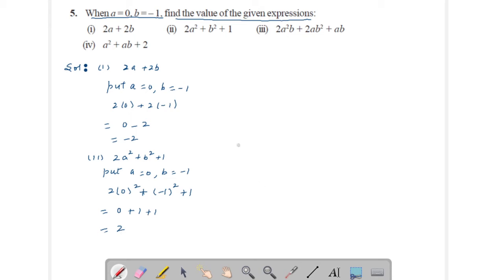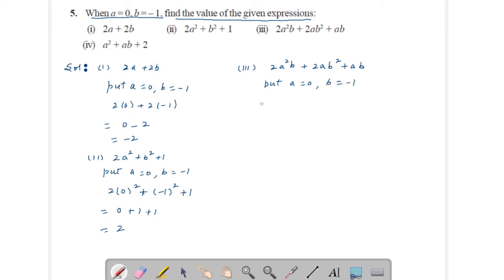Now come to third part. It is 2 a square b plus 2 ab square plus ab. Here put a equal to 0, b equal to minus 1.